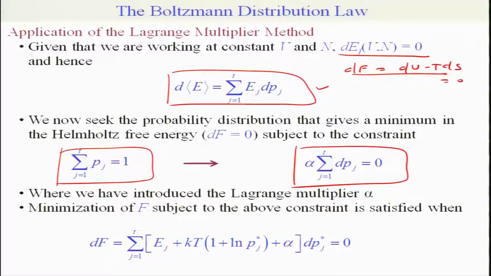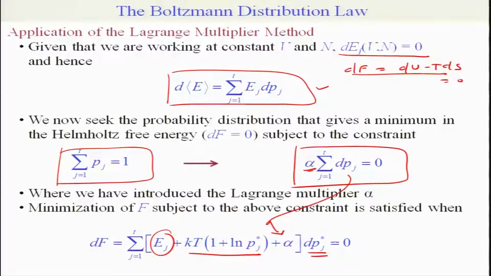Here we have introduced the Lagrangian multiplier alpha, and if you want to minimize F, we now plug in this expression: dF is equal to d of average E, which is this, multiplied by dp, minus T dS, which is this, plus this alpha times dp here.